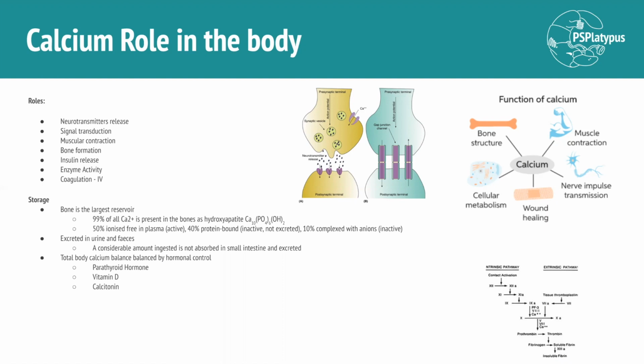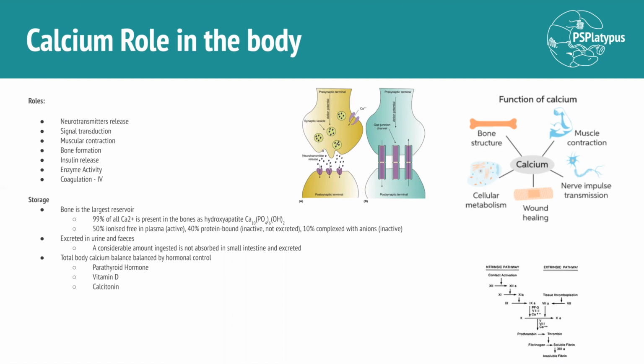Additionally, it is important for enzyme activity as it is a cofactor required for converting an enzyme from its non-active form to its active form, as well as being a key component in our coagulation pathway, being factor 4.